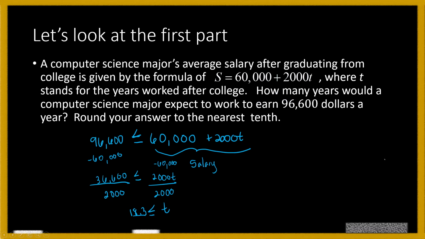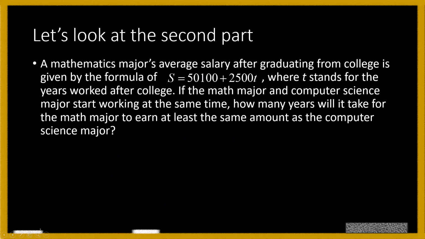Now let's take a look at the next example. So here's part 2. Mathematics major's average salary after graduating from college is given by the formula of S equals 50,100 plus 2,500T. So that's our mathematics salary.